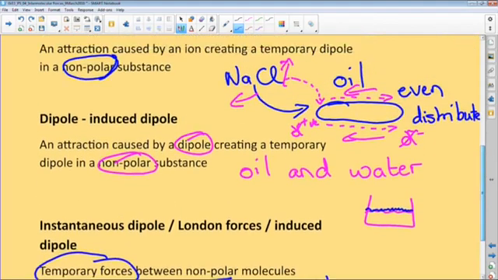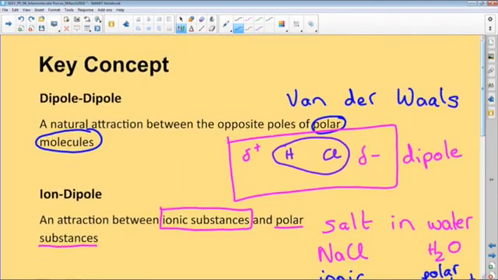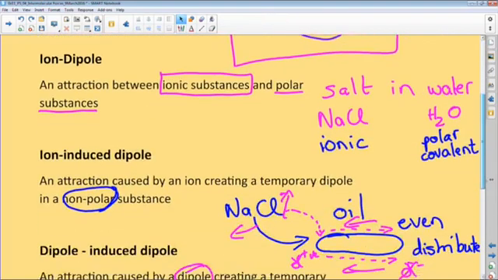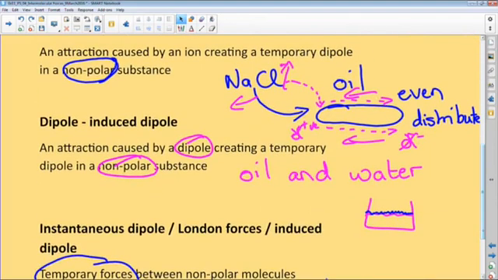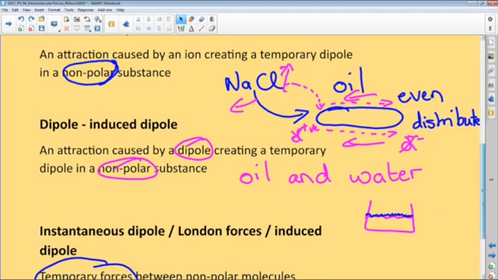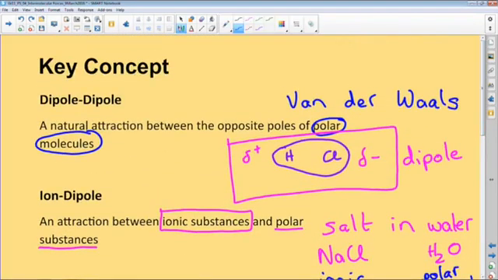If I have a look at the different examples that we've got here: a dipole-dipole, an ion-dipole, an ion-induced dipole, a dipole-induced dipole, and an instantaneous dipole. These are all particularly weak forces of attraction. They are not very strong.